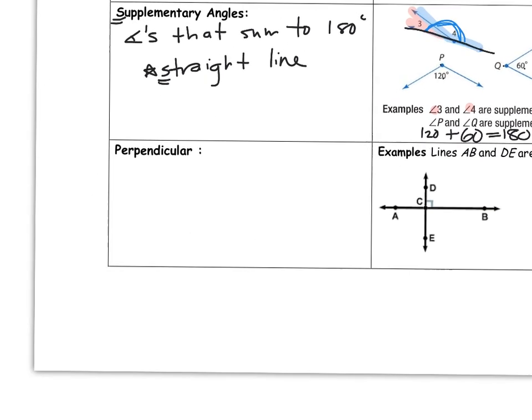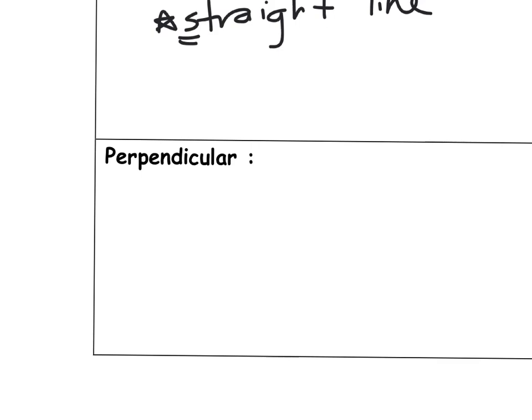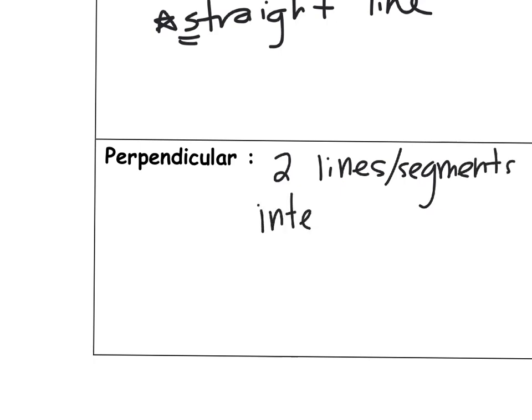All right. And then the last word is perpendicular. Perpendicular is when two lines, and they could also be segments, all right, lines or segments, intersect at 90 degrees. And perpendicular has a symbol.